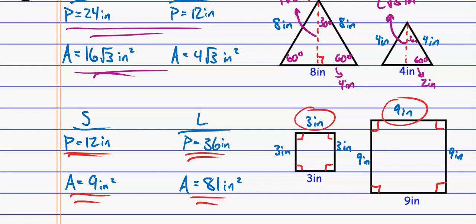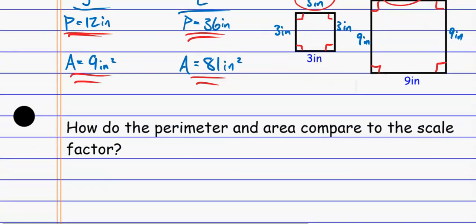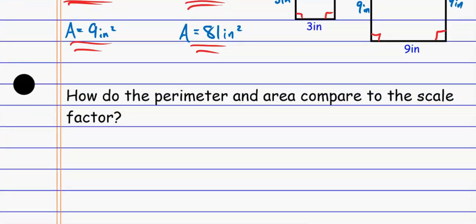We want to look at this and say, okay, how does the proportionality change as I go from the side length to the perimeter to the area? Okay? And so we want to think about this. How did the perimeter and area compare to the scale factor? Well, in the first one, the scale factor was 1/2 for the sides. Okay, so that was the actual scale factor.